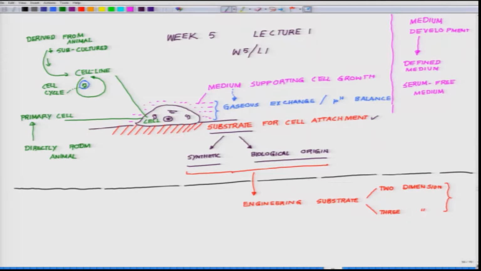And here also a couple of questions come up: why and how. In terms of the medium, we will have to deal with this whole thing. We still haven't really started the concept of medium. Now, in exactly the same way, when we ask this question why and how here, the same thing holds true when we have to talk about engineering substrate or engineered substrate, whichever way you love to put it.